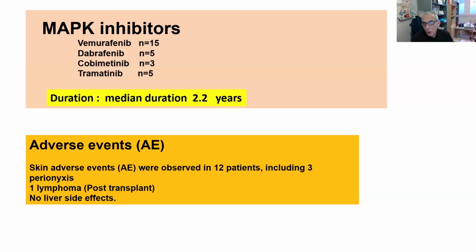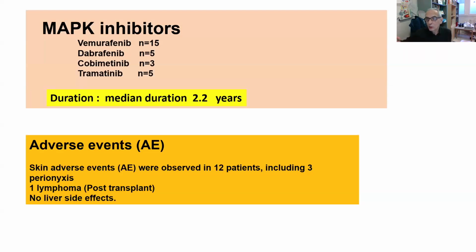And what we have observed in terms of adverse events was quite limited. The big surprise was to not have seen any liver side effect. Some patients have a progression of the liver failure, but it's hard to consider this as a side effect.